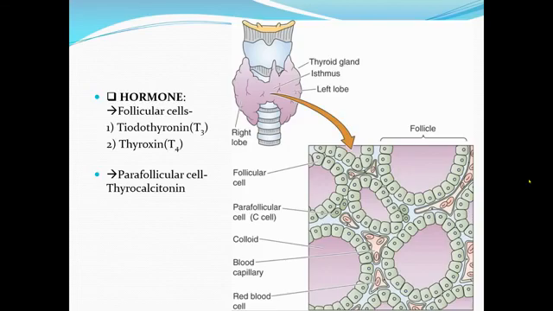Parafollicular cells are derived from the ultimobranchial body, that is the fifth pouch, and release thyrocalcitonin.